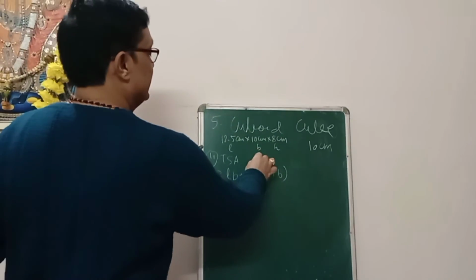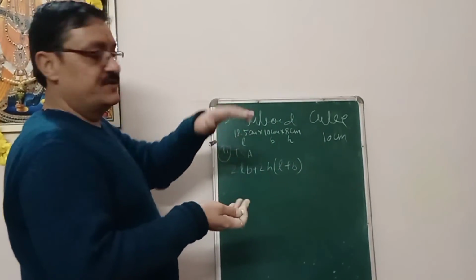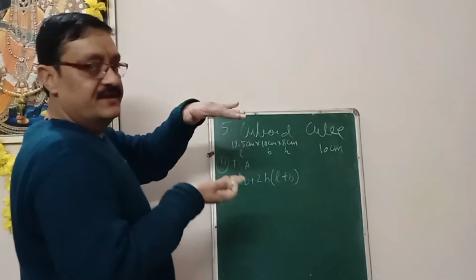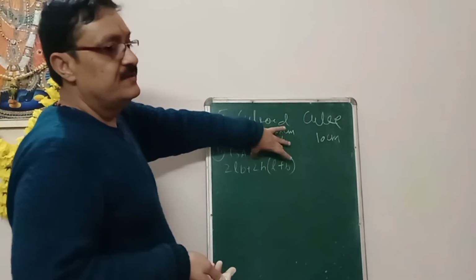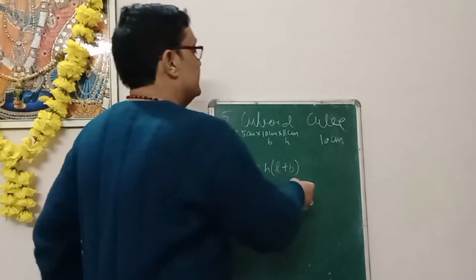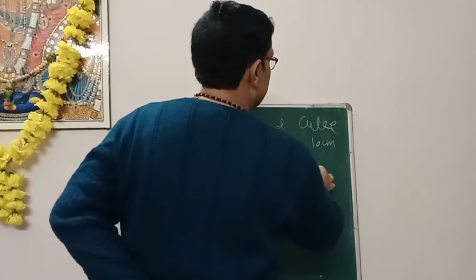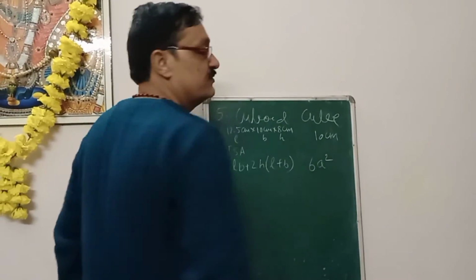This one is the LSA, plus top and bottom, LB, LB, so 2LB, and this is the lateral surface. In case of cube, this is 6a square.